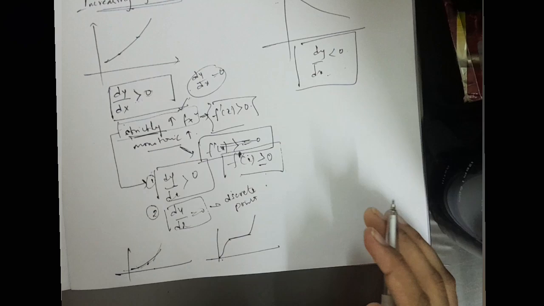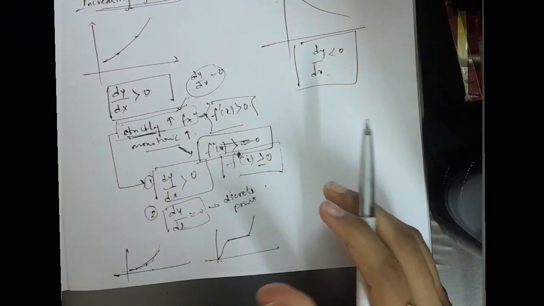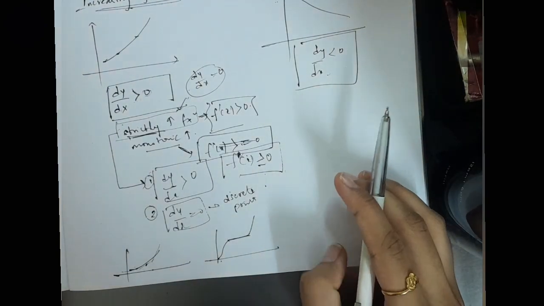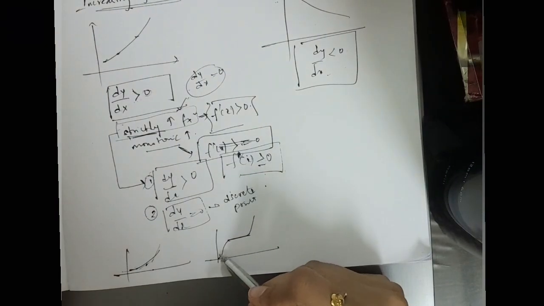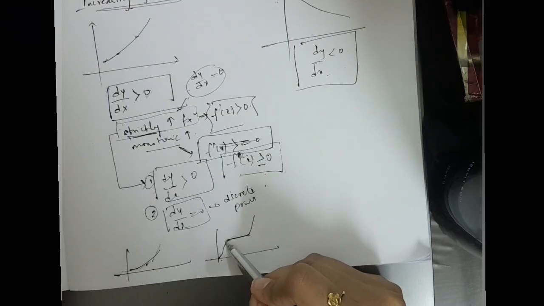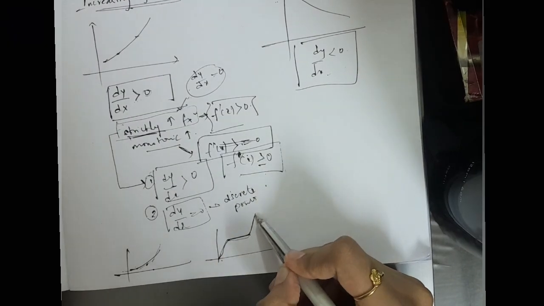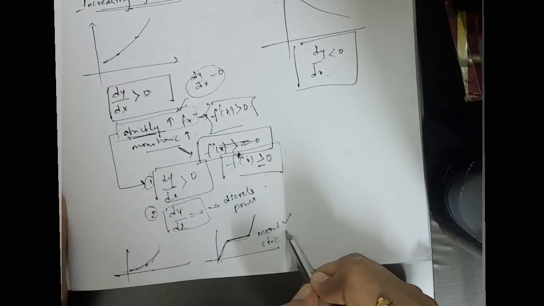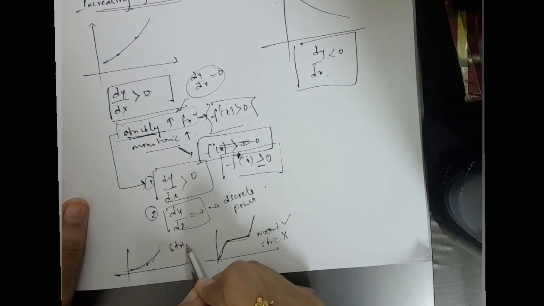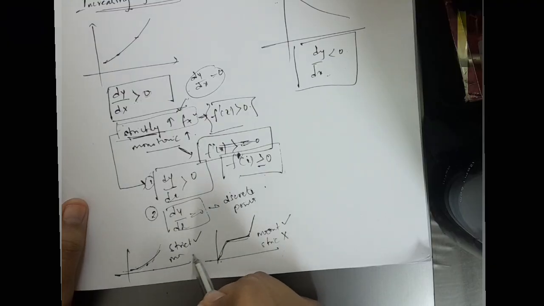For a strictly increasing function, the slope can be 0 at only a very few number of points. However, for a monotonic function, the slope can be 0 for a given interval. So for the second function, as the slope is positive, then 0, and once again positive, it's a monotonically increasing function. It's not a strictly increasing function. The first function is strictly increasing as well as monotonically increasing.